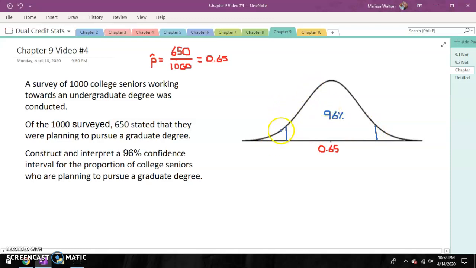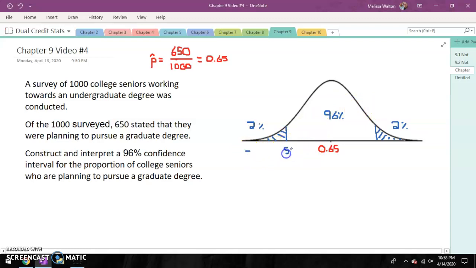With 96% confidence, we have 4% left for my tails, which means 2% on each tail. That would add up to 100%. Normal distributions are symmetric, so that 4% is half and half. Now we need to figure out our critical z values.